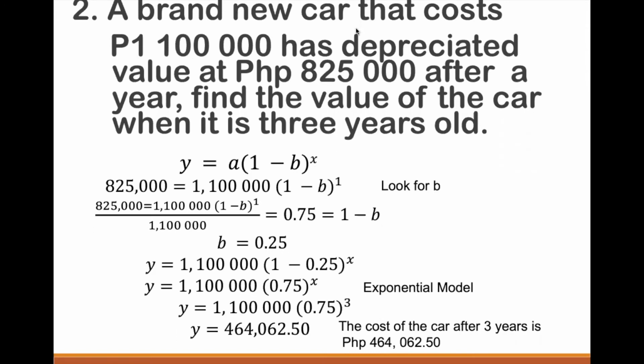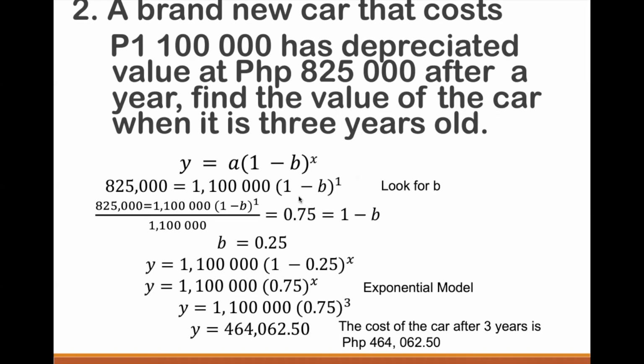So a brand new car that costs 1.1 million has depreciated in value to 825,000 after a year. Find the value of the car when it is 3 years old. So here we're looking for the rate.